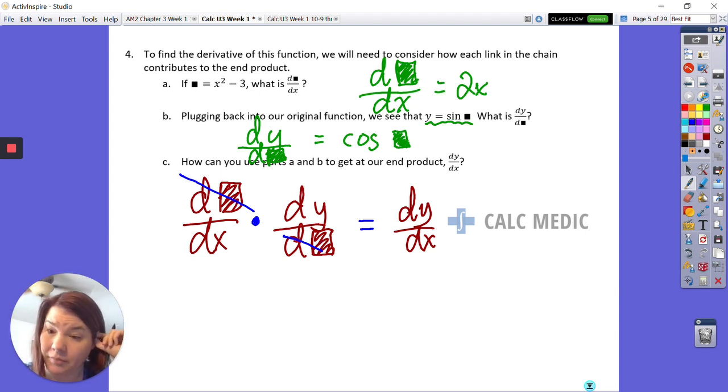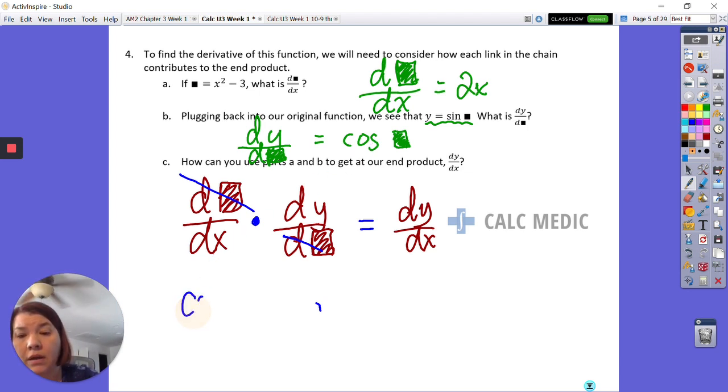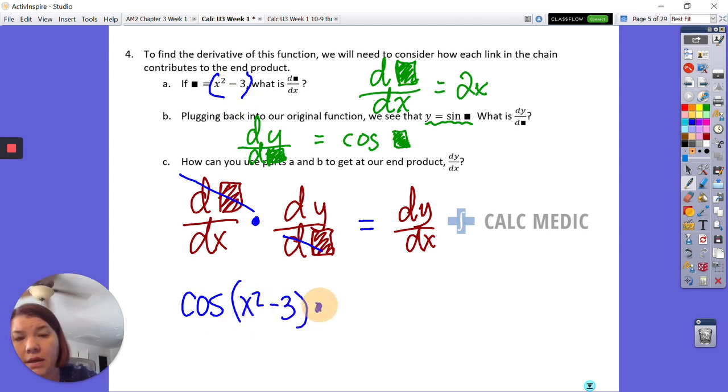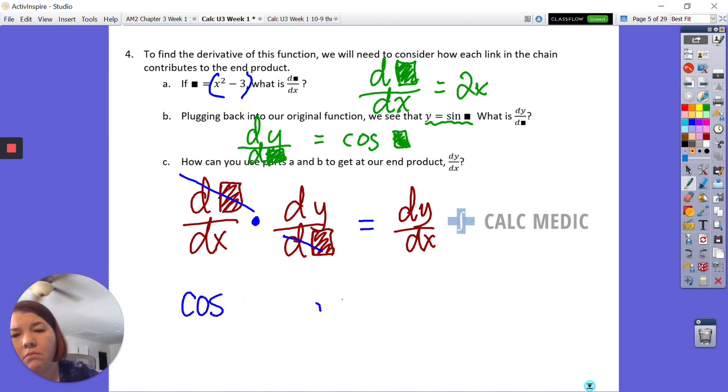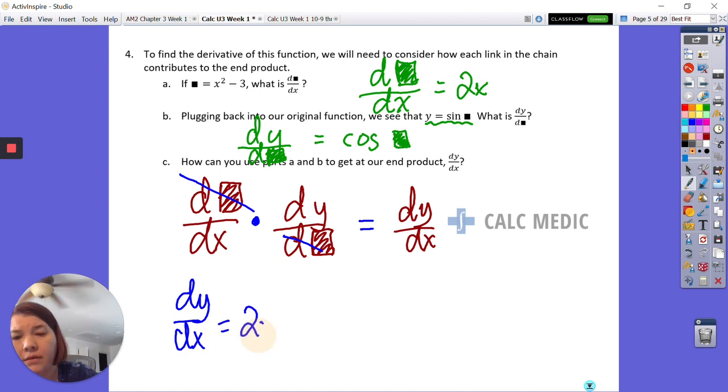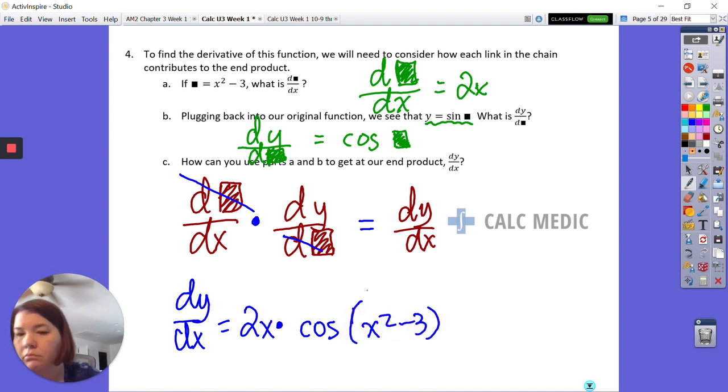They would take care of each other. So with our problem, we'll have cosine of square, remember this was x squared minus 3, times 2x. Or if we put it in the other order, dy dx equals 2x times cosine of x squared minus 3. Looks better. That's our derivative.